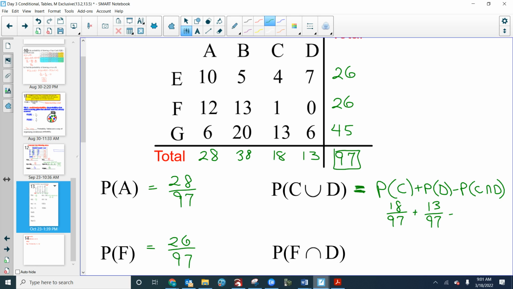None, right? There's no overlap between the C column and the D column. So did you get 31 out of 97? Yeah.